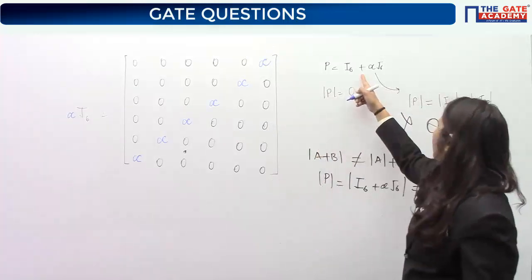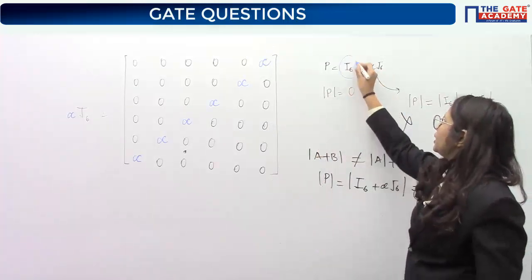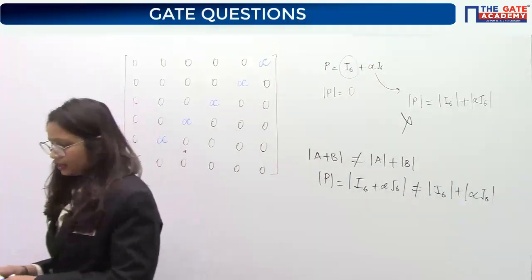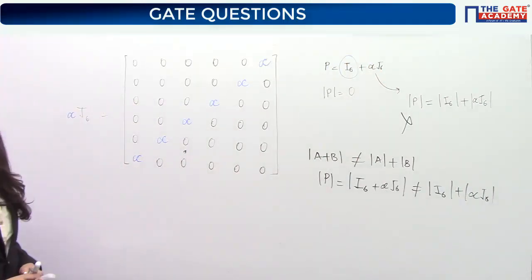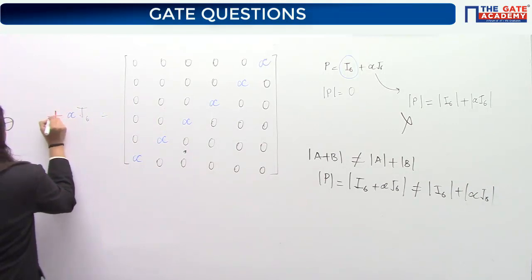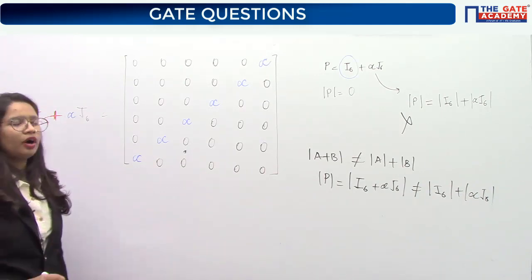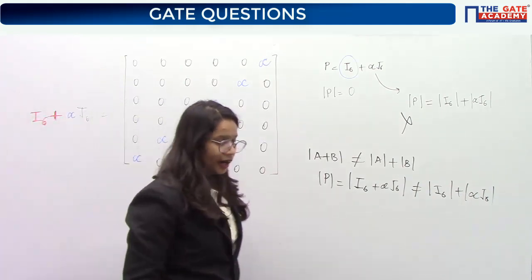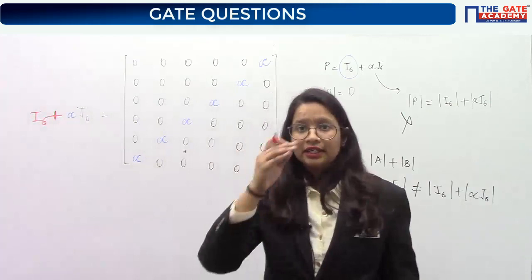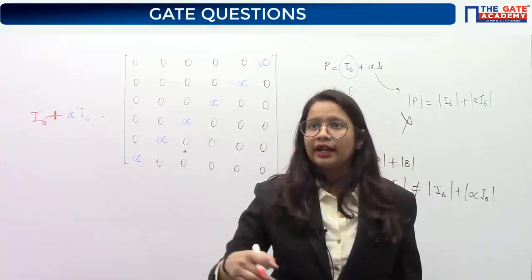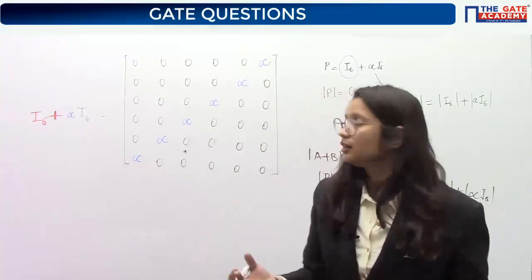Now I have to add this alpha J6 matrix with I6. So let's do that. If I add this with I6, you know I6 is the identity matrix, and in the identity matrix the leading diagonal elements are 1, and except those all other elements are 0.